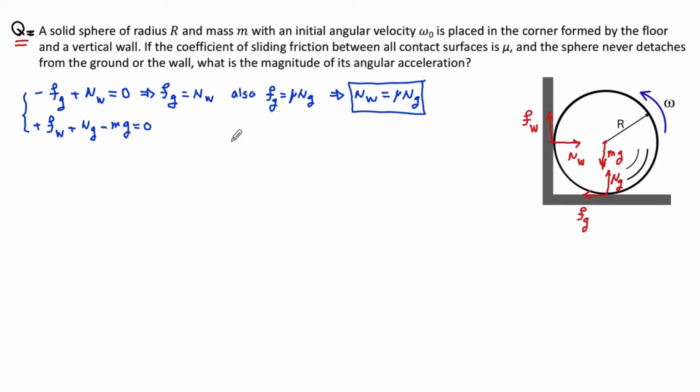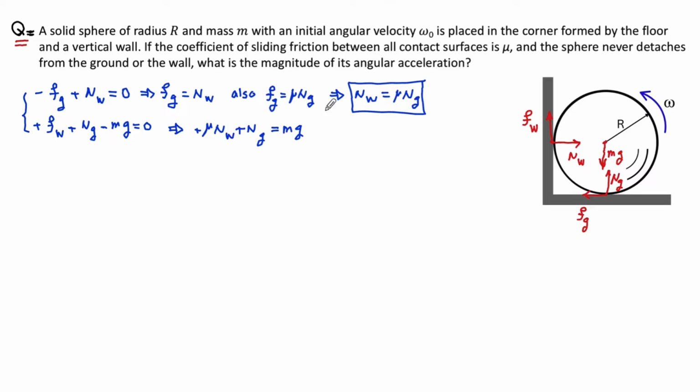And also for vertical forces. Again, for Fw, we can substitute mu Nw. The general formula that we have for friction forces, the relation between friction force and normal force, is this, plus Ng equals mg, right?